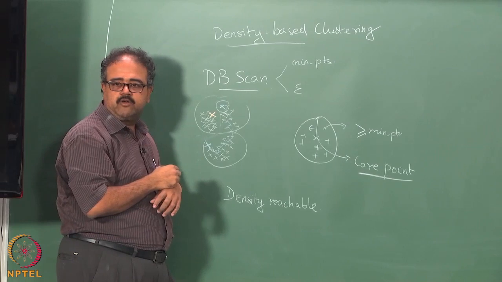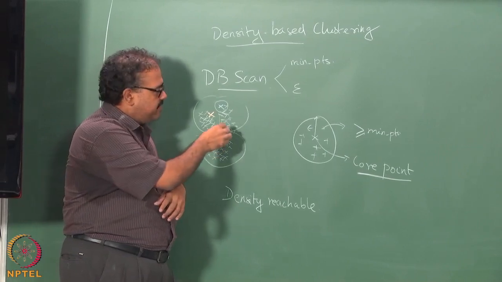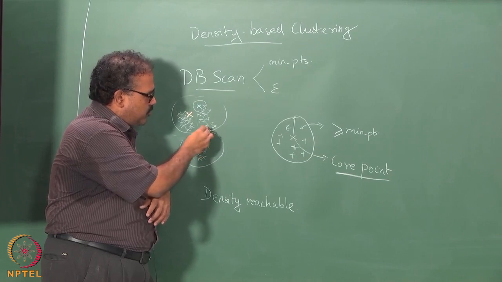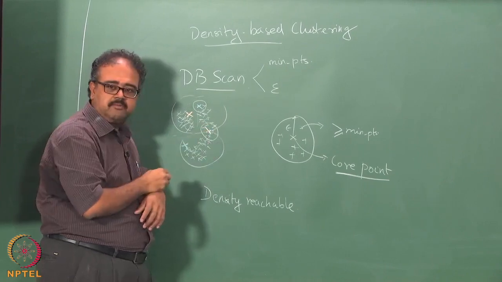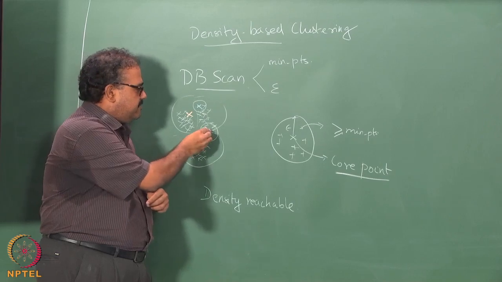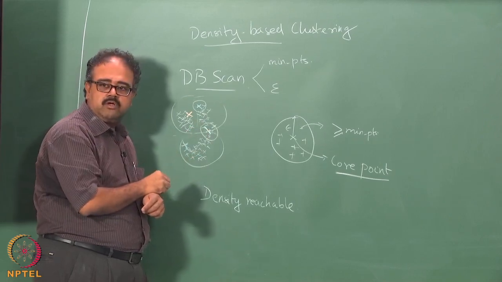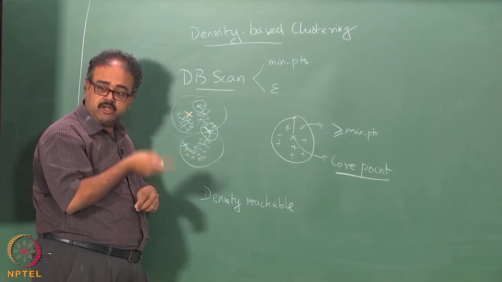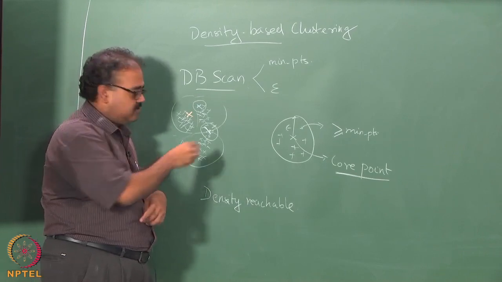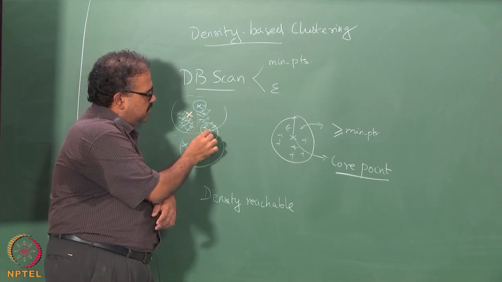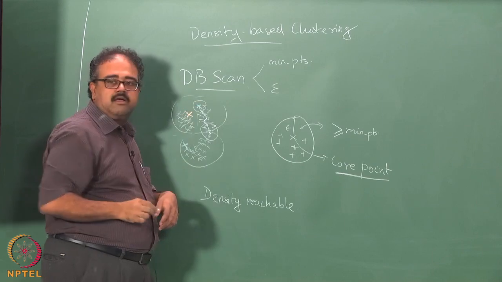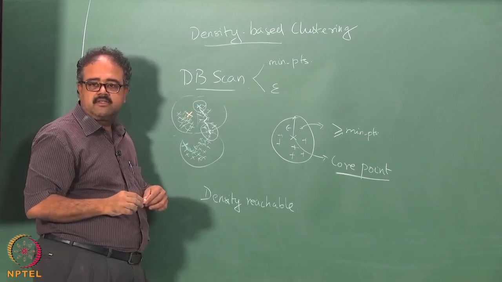But if I start here, this is a core point for sure, because there are a lot of points in the neighborhood. From here, I can move to points within epsilon of it, which are in turn core points, and finally reach this point.